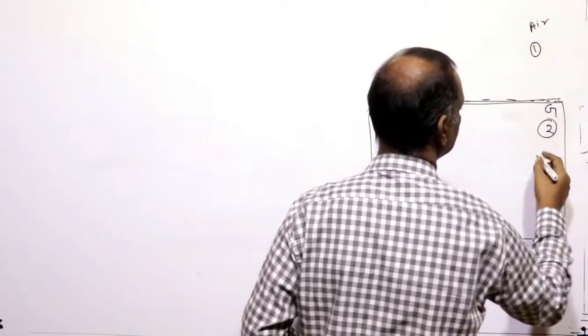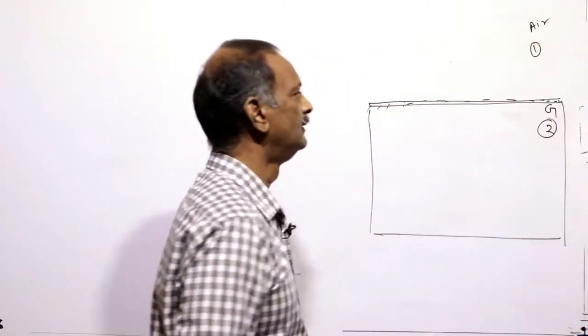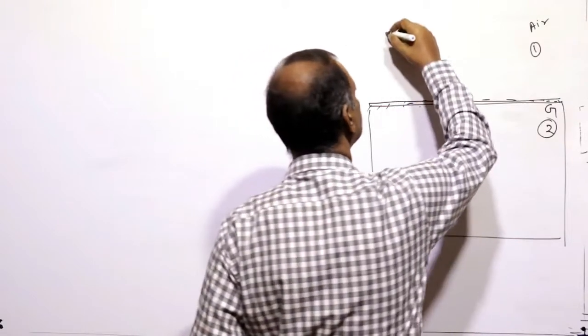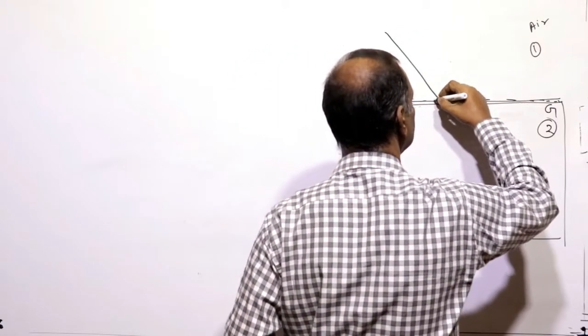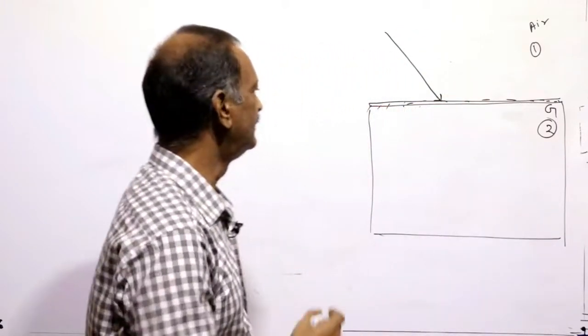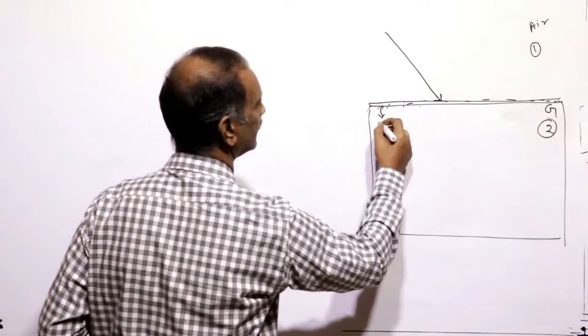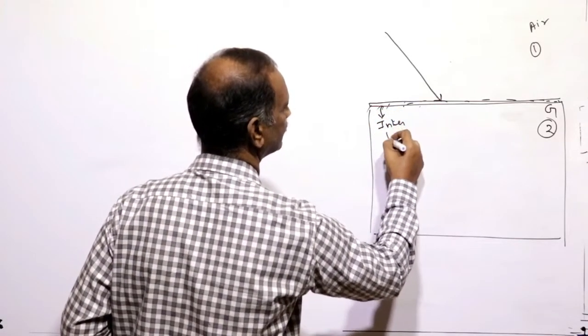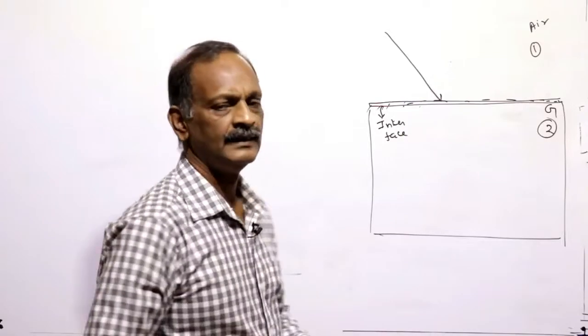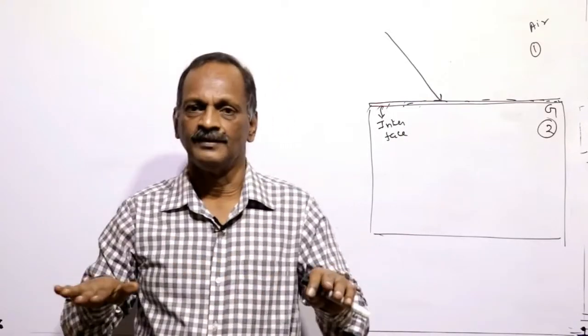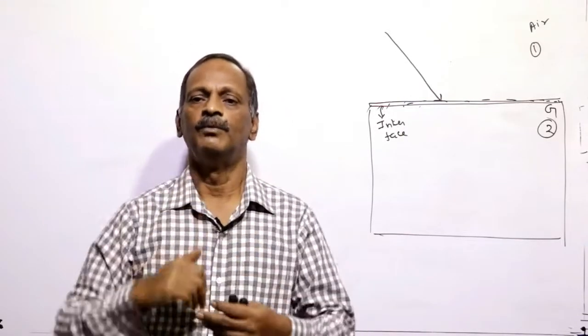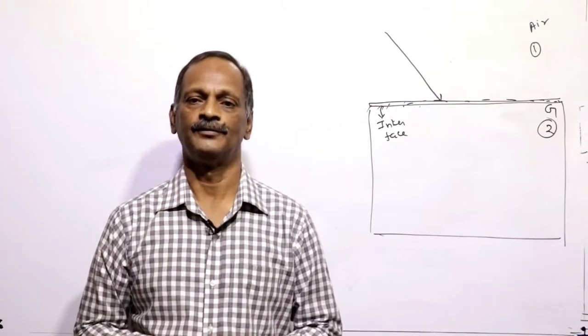There are two media and light is incident on them. This is the interface. The surface separating both the media is called the interface.